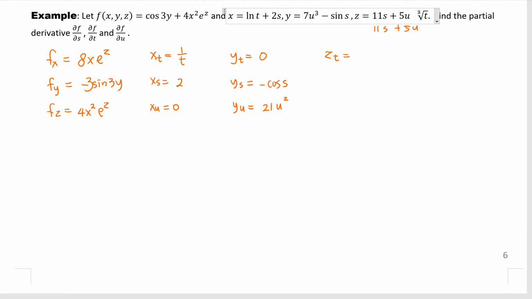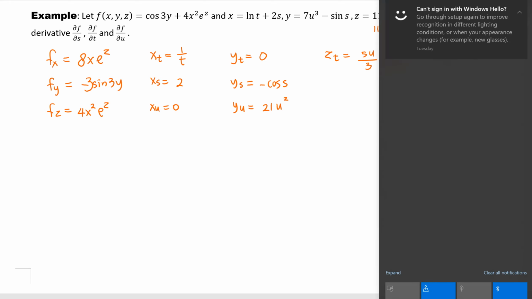So it's not u cubed times square root of t, it's u times cube root of t, which is t to the 1/3. The derivative of t to the 1/3: we move the 1/3 in front, so 5u over 3, and then t to the minus 2/3.